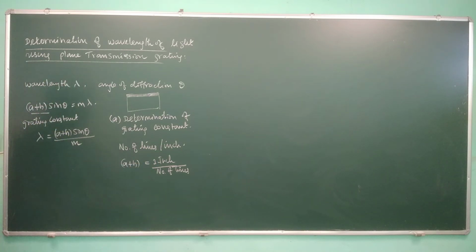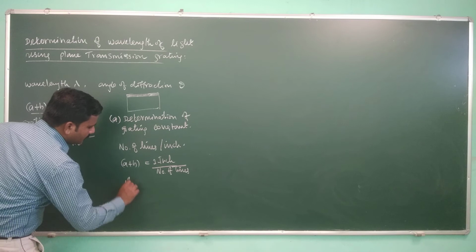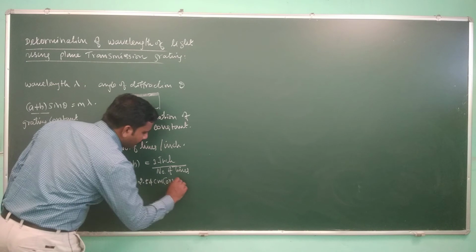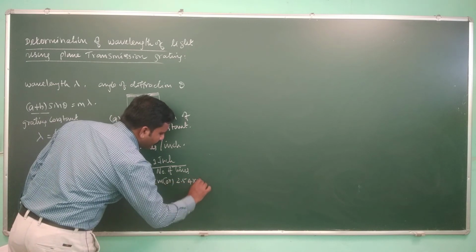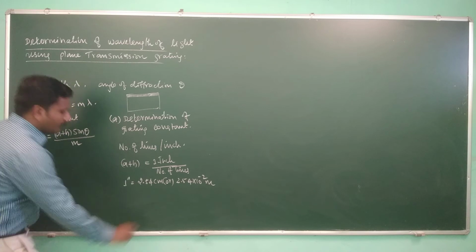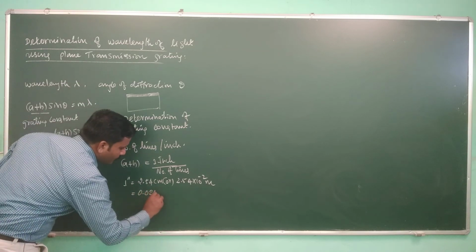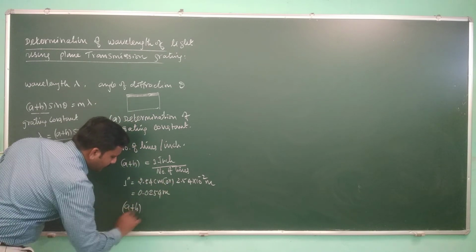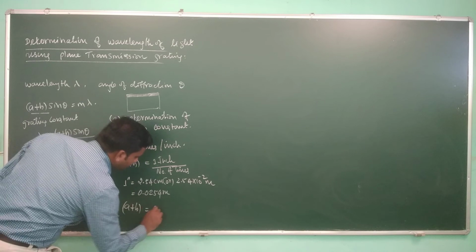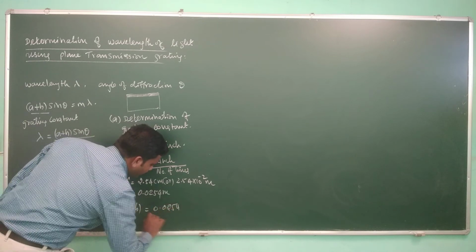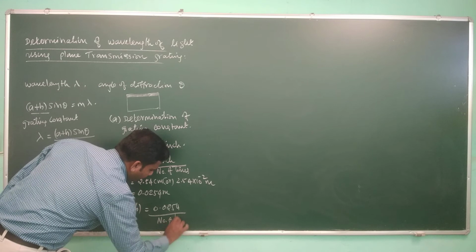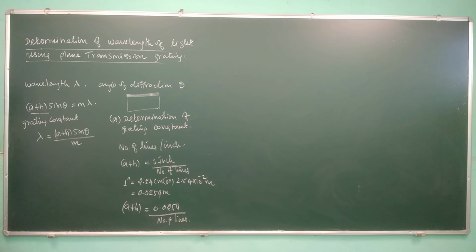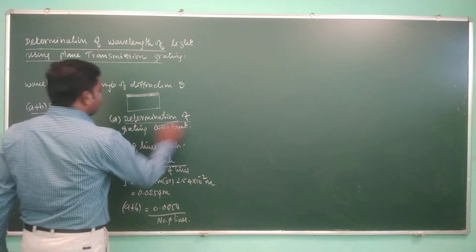So 1 inch is nothing but 2.54 centimeter, or you can say 2.54 into 10 power minus 2 meter, or you can write 0.0254 meter, so that you can calculate the grating constant using this formula, that is 0.0254 divided by the number of lines. The number of lines will be given on the grating itself by the manufacturer. In this way you can determine the grating constant.